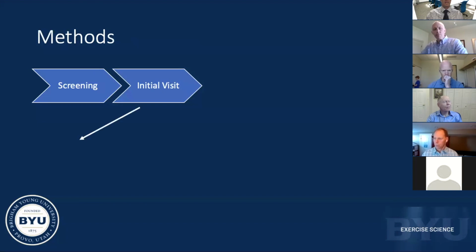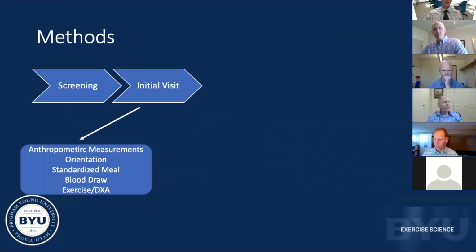And when they came in for their initial visit, we took a bunch of anthropometric measurements. We oriented them to the purpose of the study, how to use our surveys, how to use our equipment, made sure they were still up for it, and then took consent as well. They were fed a standardized meal, and that standardized meal was the exact same for both protocols.